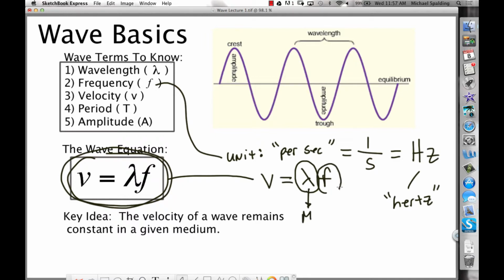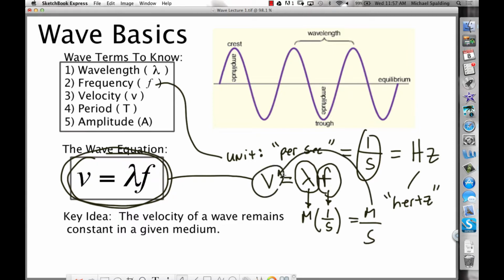And then what did we just say frequency was? Frequency is hertz, which is 1 over a second. What do you get when you multiply meter by 1 over second? You get meter per second, which is velocity. If you multiply the wavelength by the frequency, it comes out as velocity.